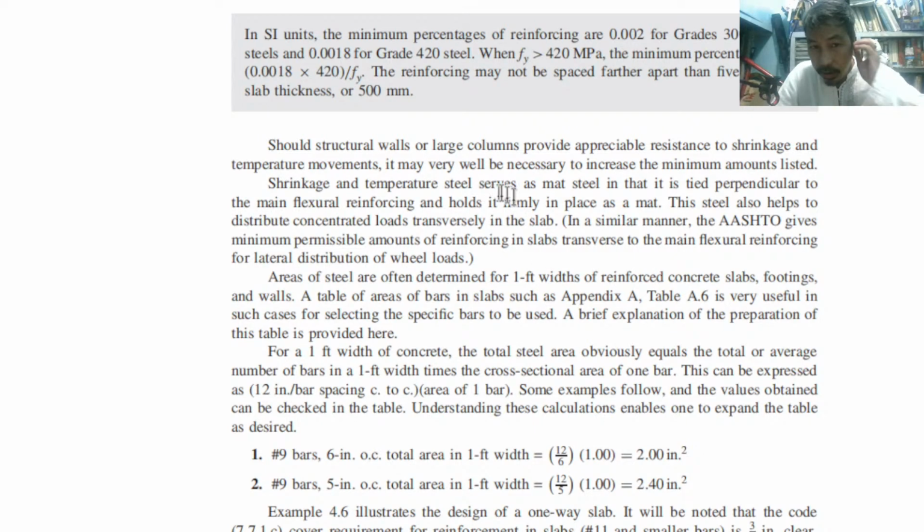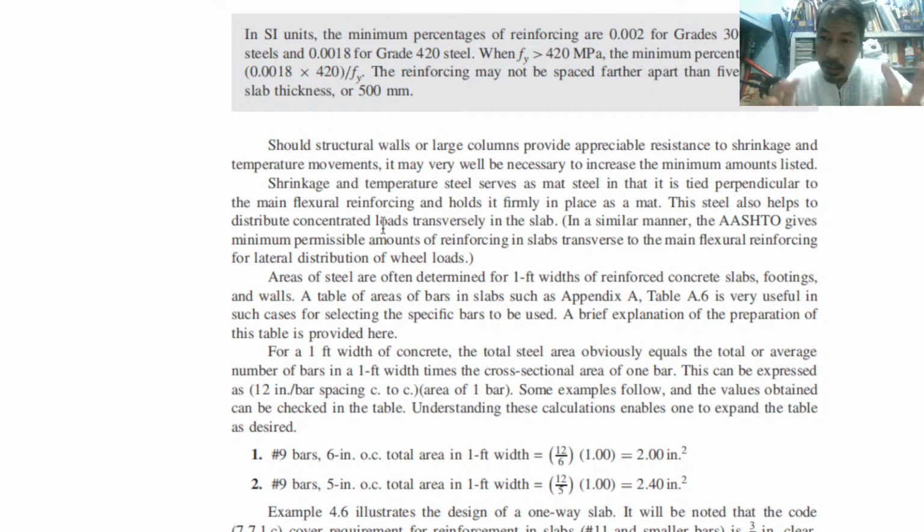Shrinkage and temperature steel serves as mat steel in that it is tied perpendicular to the main flexural reinforcements and holds it firmly in place as a mat. That's why if you are placing the steel bars to form the mat for the slab, actually that is the right way to call it, the mat.